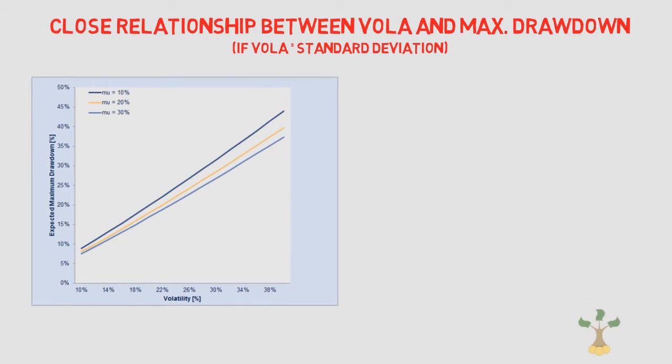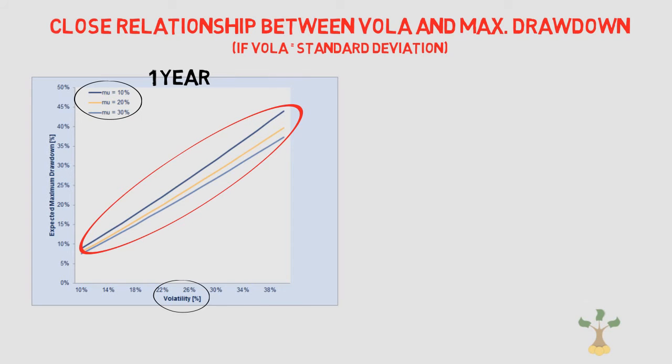Now, there's an intimate relationship between the volatility of your portfolio and the expected maximum drawdown. If your portfolio returns are normally distributed, which they usually are not exactly, we can calculate the expected maximum drawdown. The following chart shows the expected maximum drawdown that a portfolio can incur within 1 year depending on the volatility of the portfolio and its expected return. We see that there is an almost linear relationship between the volatility and the expected maximum drawdown.